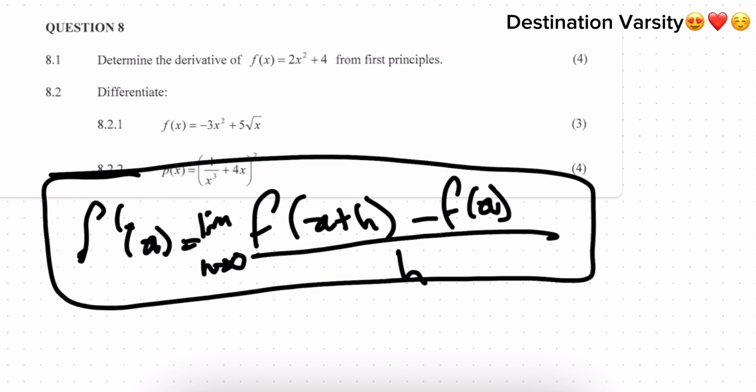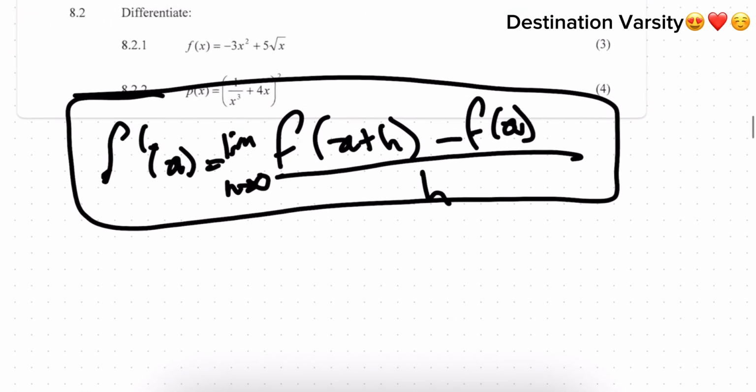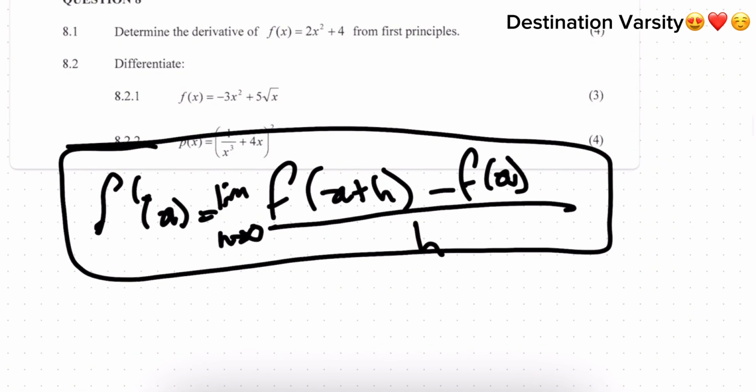I won't go into its derivation, because you're still in high school, so deriving the formula is not really part of your scope. You can go an extra mile, maybe email info at Destination Varsity and ask how you develop proofs, but that's just not that useful at this point.